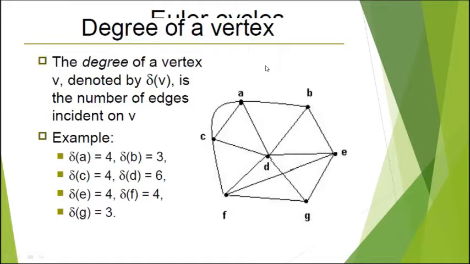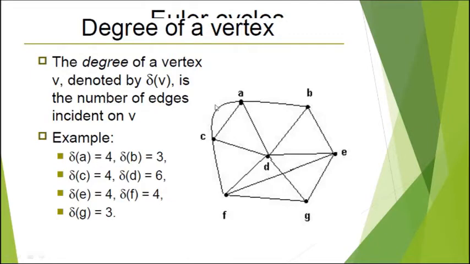So next is the degree of a vertex. The degree of a vertex, V, is denoted by a Greek symbol delta. Okay? So delta V, or delta vertex, is the number of edges incident on the vertex. Example, if this is our graph, the delta of vertex A is equal to 4.